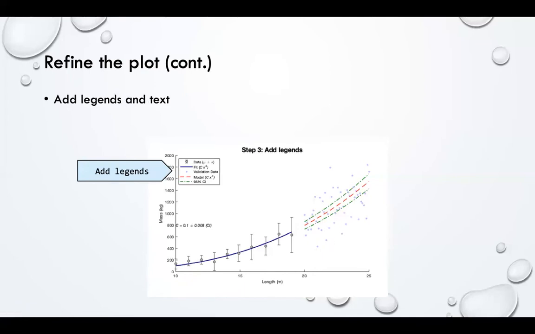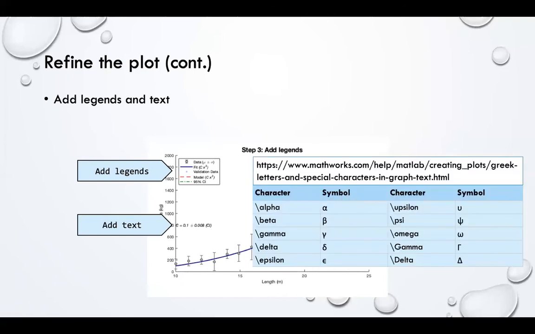Here you can add some legend on it to make the plot look much better, and also add the text for your plot, like fitting curve or your model prediction. So here I want to mention one thing: you can see here is some Greek letter.